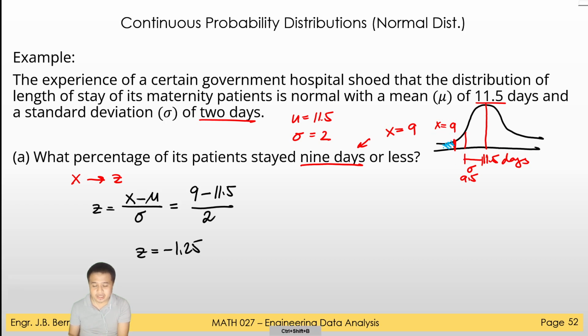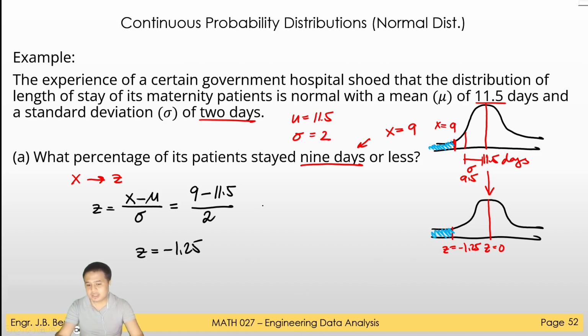If it is 9 days or less, then what we're trying to find is this area. If you transform this into a standard normal distribution, the mean should be 0, and the z-score will be z equal to negative 1.25. So what we're trying to look for is this area.